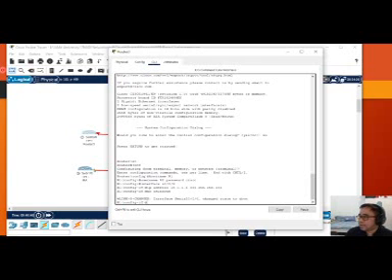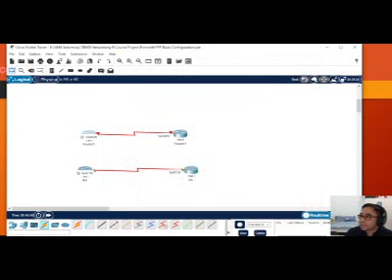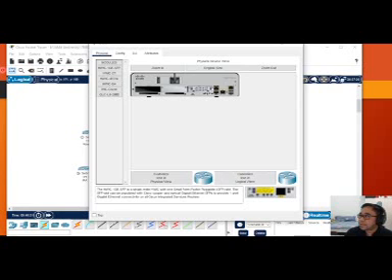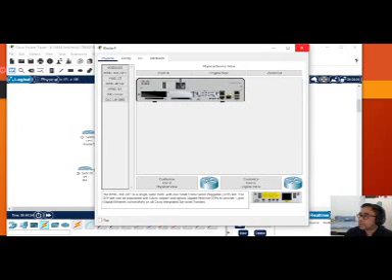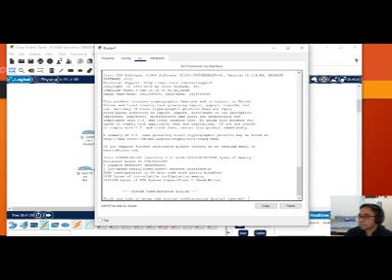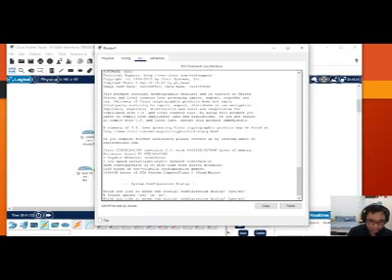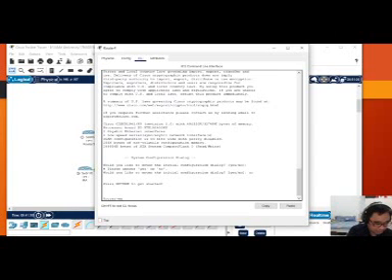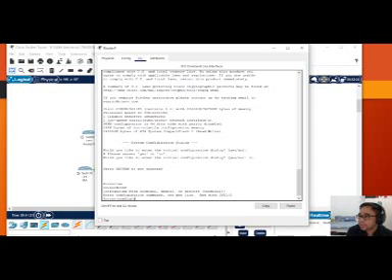Now let's set the other router. Let's power this on. Let's go to the configuration.